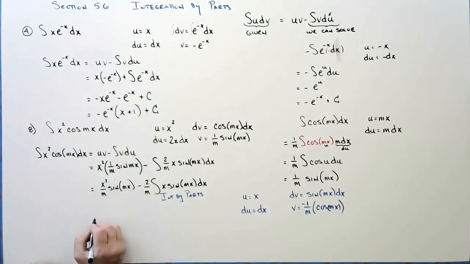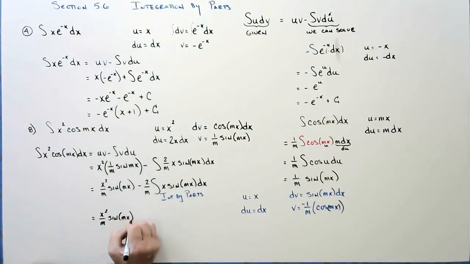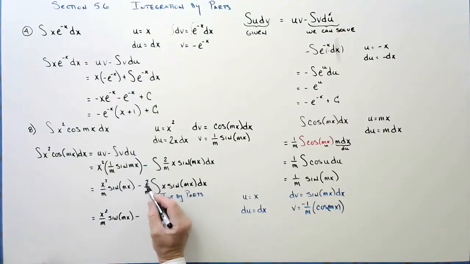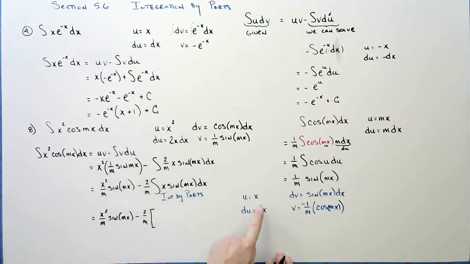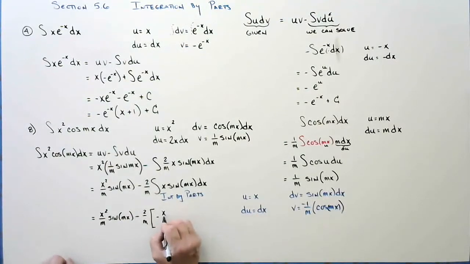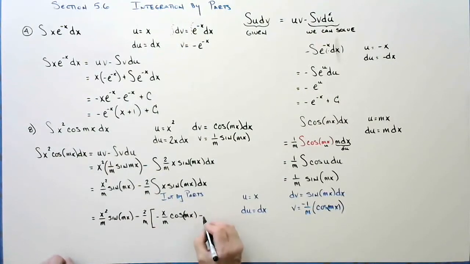we're going to have from this line x squared over m sine mx, minus, now don't lose this factor of 2 over m, times, and remember, we're doing integration by parts, so we get u times v, but of course it's this u and this v, so that's going to be negative x over m cosine mx, minus the integral of v du.